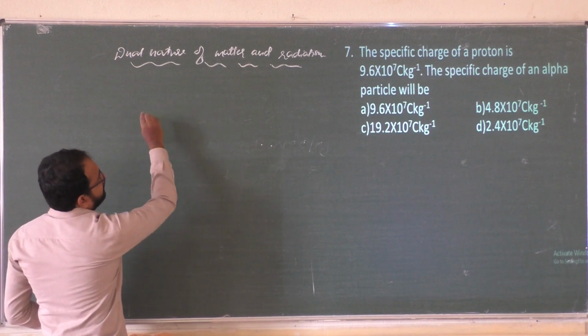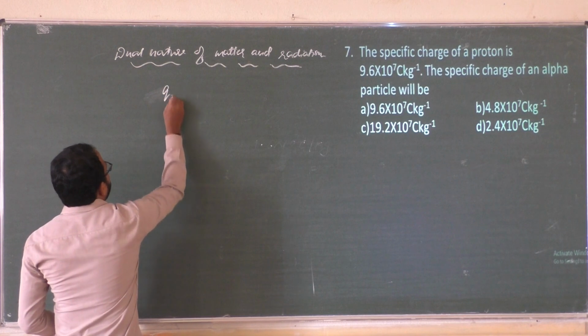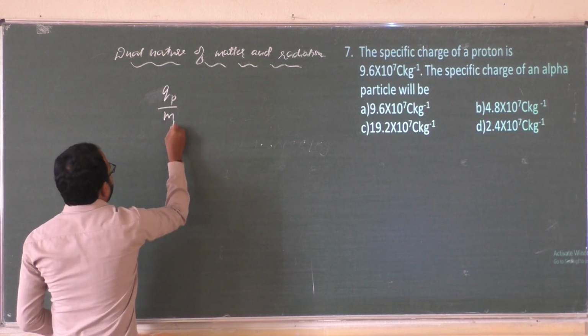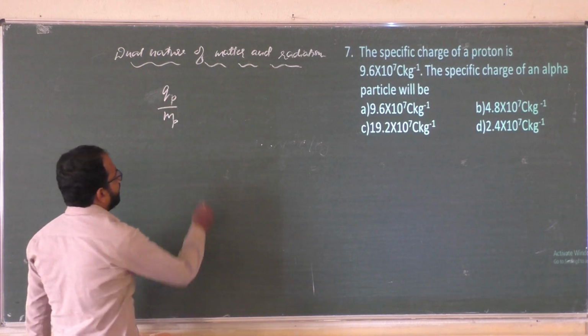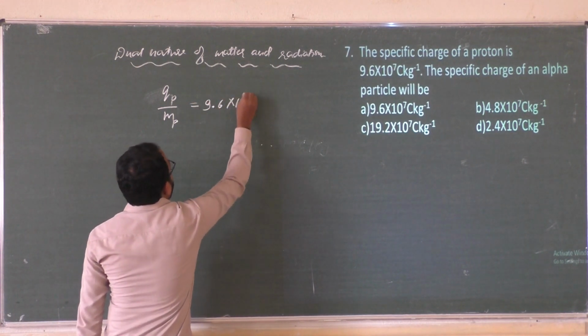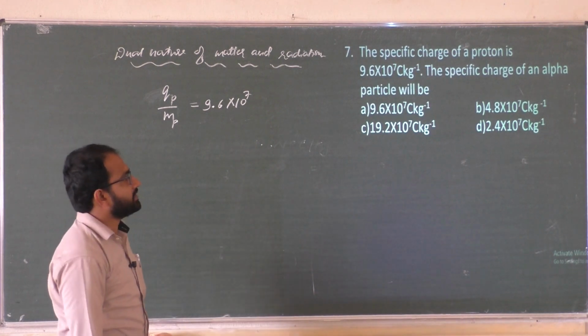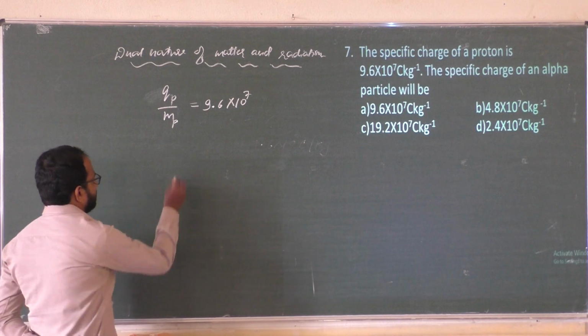The specific charge of proton, say charge of the proton is Qp, the mass of proton is Mp, Qp by Mp is equal to, it is given, 9.6 into 10 to the power of 7 coulomb per kg. What is the specific charge of an alpha particle?